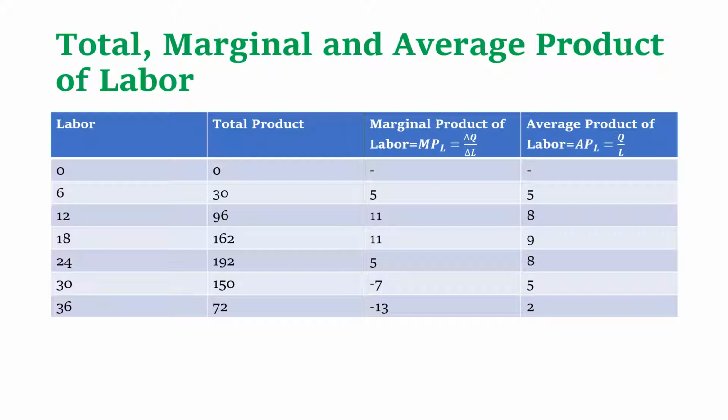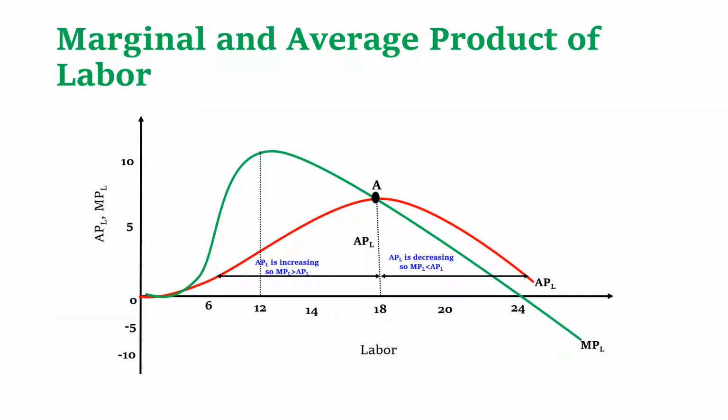As a matter of fact, the marginal product is going to cut the average product at the maximum point of the average product. This is just an example of the curve. You see that at point A, the average product is at the maximum, and then here the average product is decreasing.